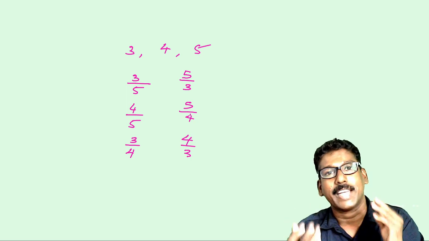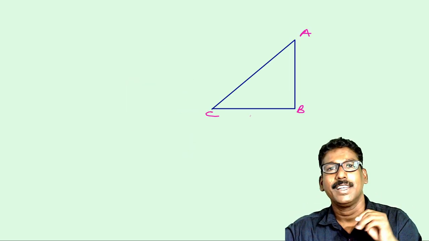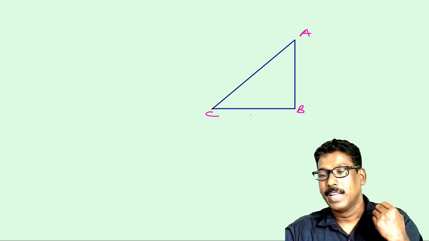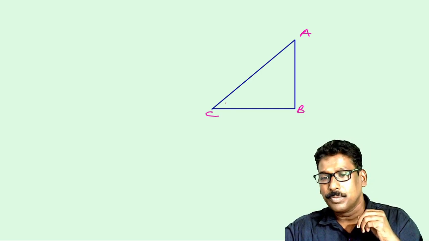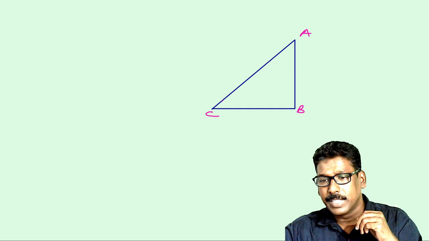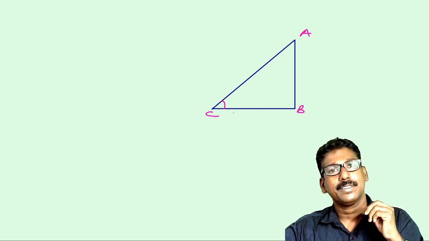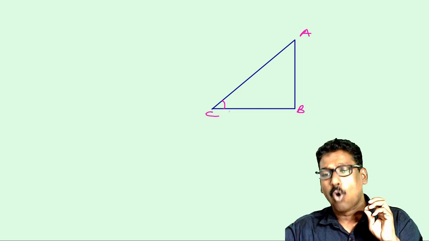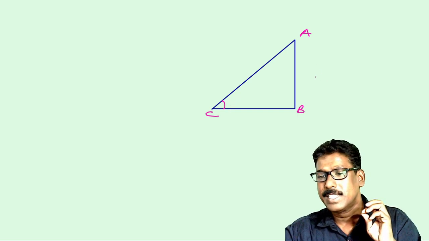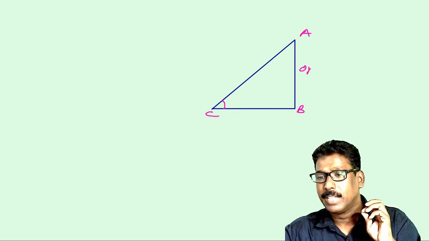Now let me take a right angled triangle. Let the triangle be ABC, with the right angle at B. Now, let me take angle C. According to this angle, what is the opposite side? It is AB. We can call AB the opposite side.